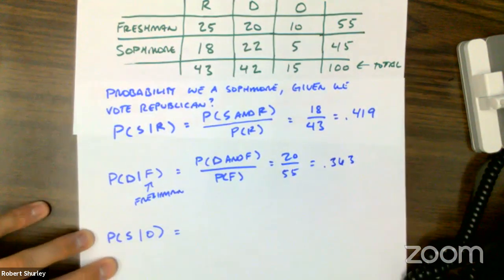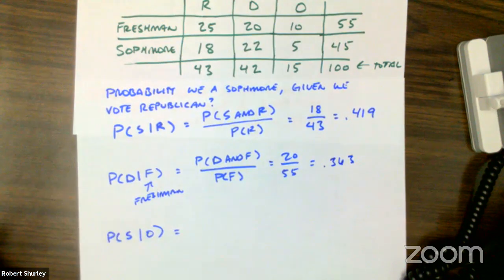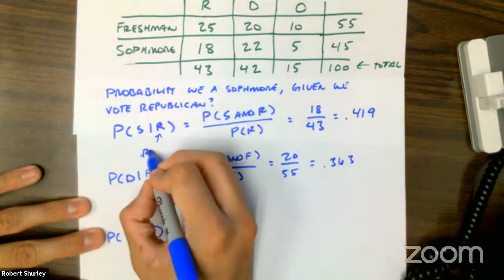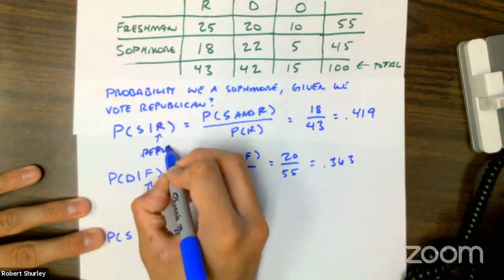Okay, I want you to look at that last one now and see if you did the same thing. Well, wouldn't that first one, the sophomore and Republican, be 18 over 45 instead of over 43? No, because the given is that they're Republican.